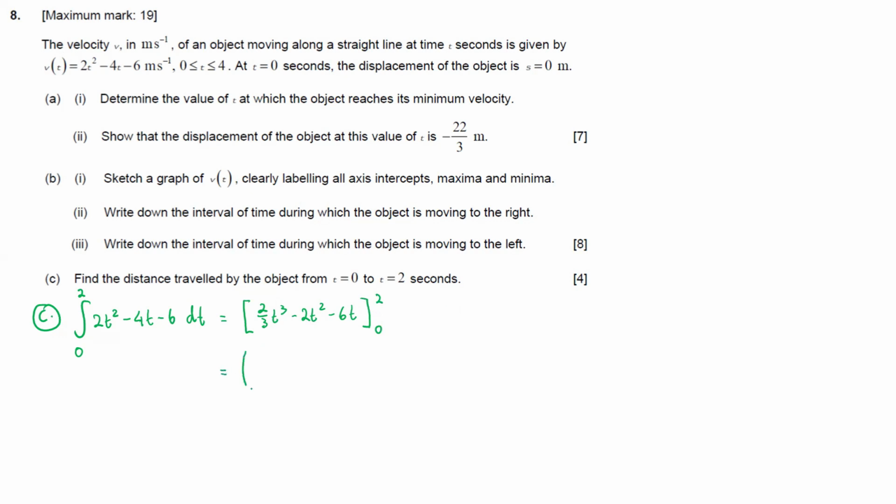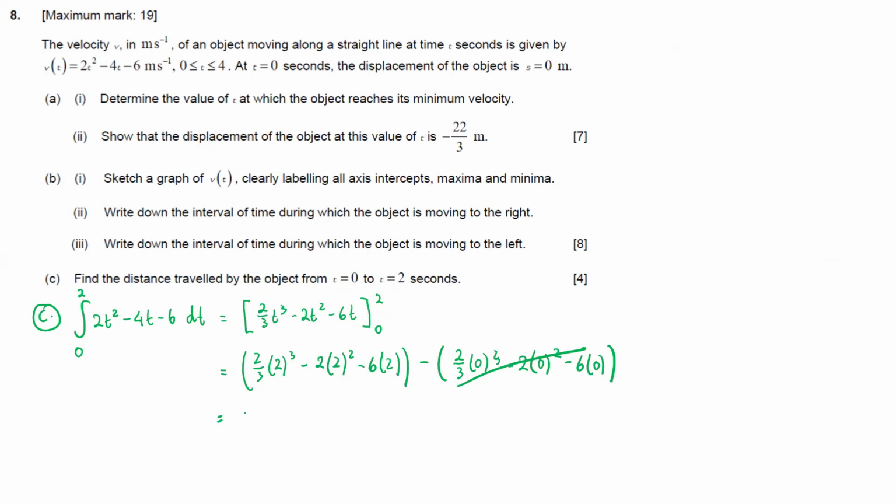We will have 2 over 3 times 2 to the power of 3, minus 2 times 2 to the power of 2, minus 6 times 2. And then minus the value at 0. You can substitute 0, but 0 cubed, minus 2 times 0 squared, minus 6 times 0 is all going to be 0 at the end. So I'll ignore that one and focus on this one here.